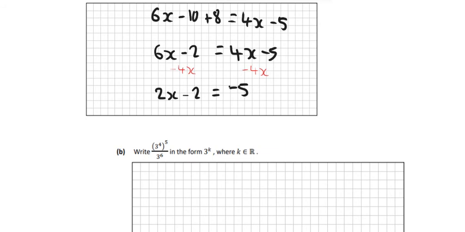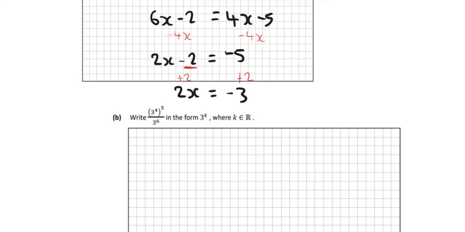And then you're going to try and get this minus 2 away from the 2x. So you're going to get rid of that or move it over. I'm going to add 2 to both sides. If I add 2 on the left hand side, it just gets rid of that minus 2. So I'm left with 2x equals, and minus 5 plus 2 is minus 3.